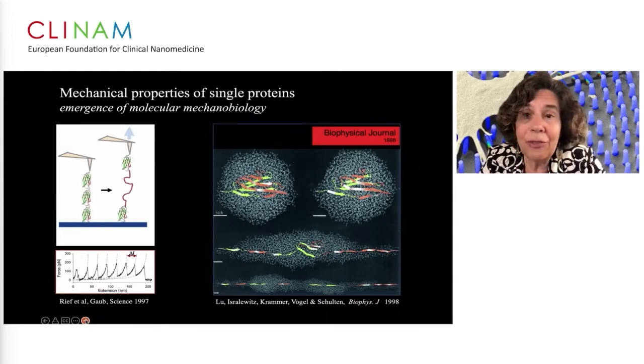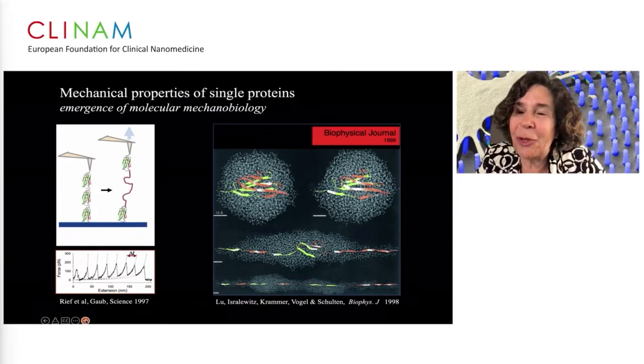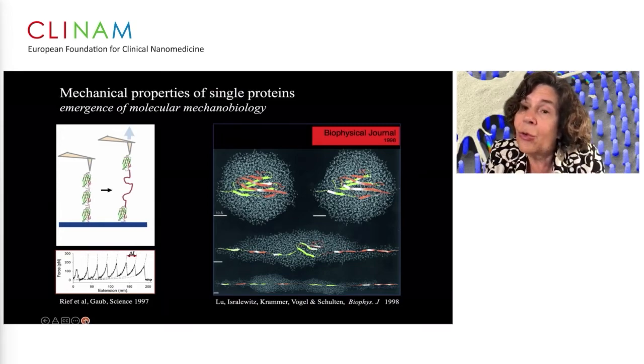And the unfolding characteristics were so different from what was expected from polymers, but proteins have secondary structure. So immediately after seeing these experiments, we started a collaboration with Klaus Schulten to ask what is happening structurally? What needs to happen in order for a protein's equilibrium structure to break apart?